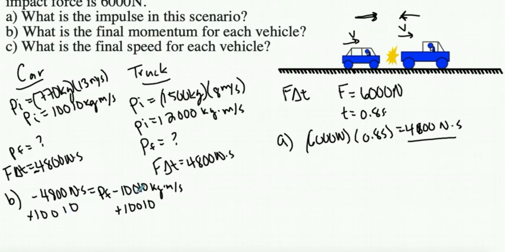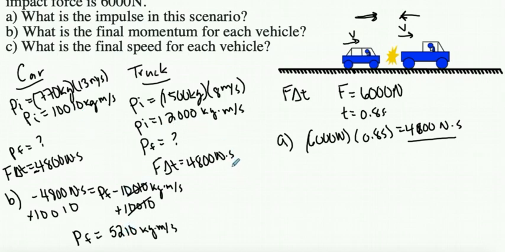And that'll give us our final momentum. That will cancel out there. The units will give us kilograms times meters per second. So our final momentum of the car is 5,210 kilograms times meters per second. Okay, so the car slowed down after it hits the truck, which makes sense because the truck is more massive.